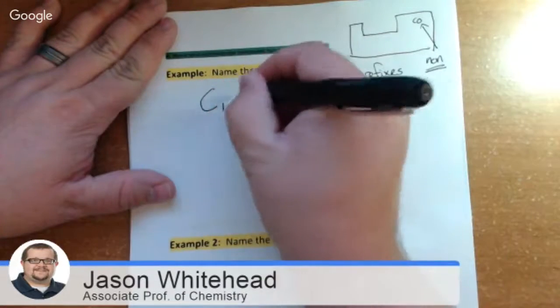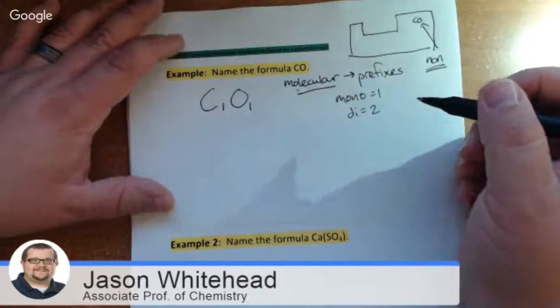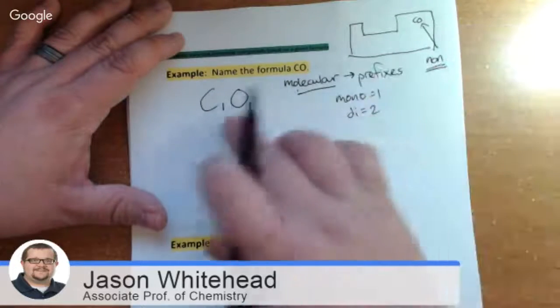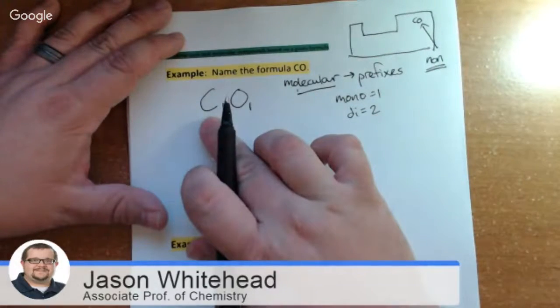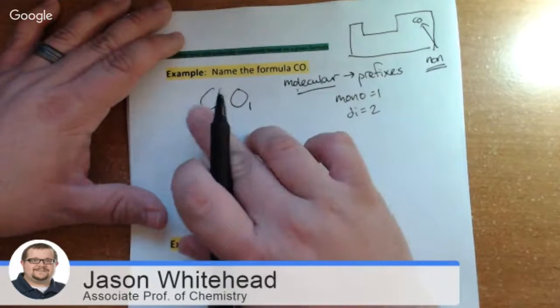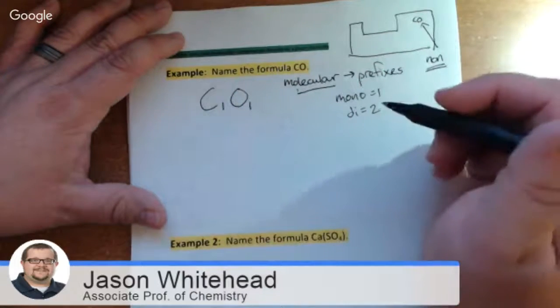There's 1 C, 1 O, and we use prefixes to do that. The catch is that we never ever use mono to start a name. Prefixes go everywhere else. If there were 2 of the first one, we would still use di. The only prefix you ever omit is mono on the first part of the name.